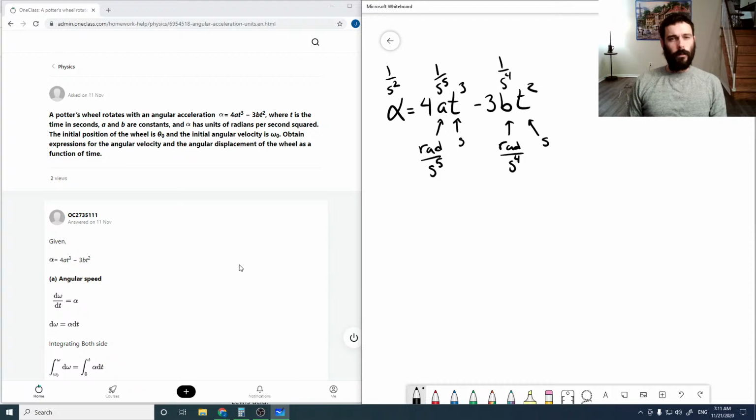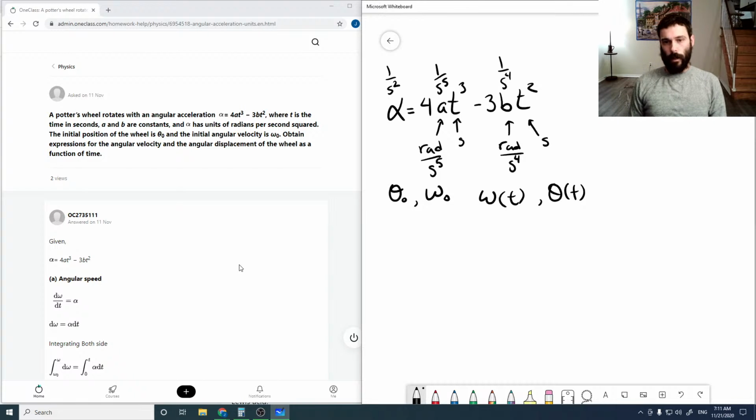And the initial position of the wheel is, we have a theta naught and an omega naught, and it wants the expression for omega as a function of t and theta as a function of t. The nice thing about rotational motion is it's very similar to linear motion.